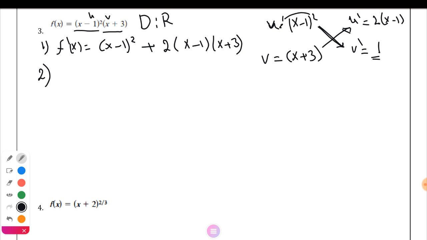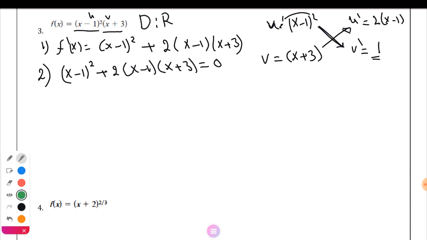Here, I will take (x minus 1) all to power 2 plus 2 multiplied by (x minus 1)(x plus 3) equals 0. I solve an equation like this by factorization.